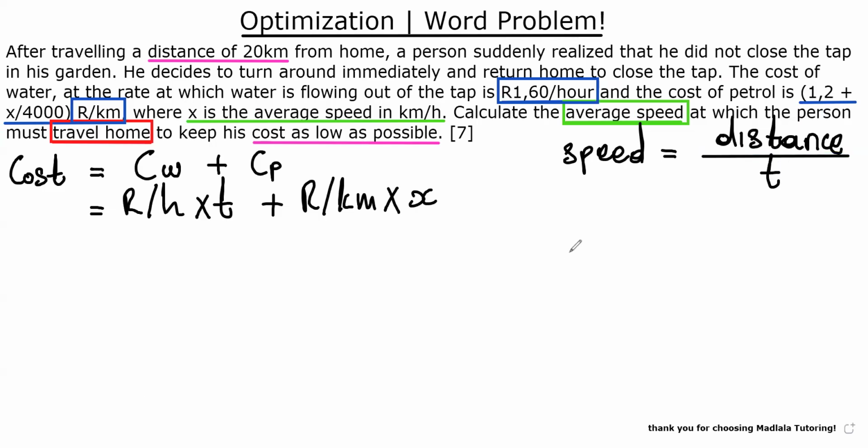So this is what we say. But we remember that the speed is x, and the distance that this person travels home, it's just going to be 20 kilometers, and this is divided by the time.